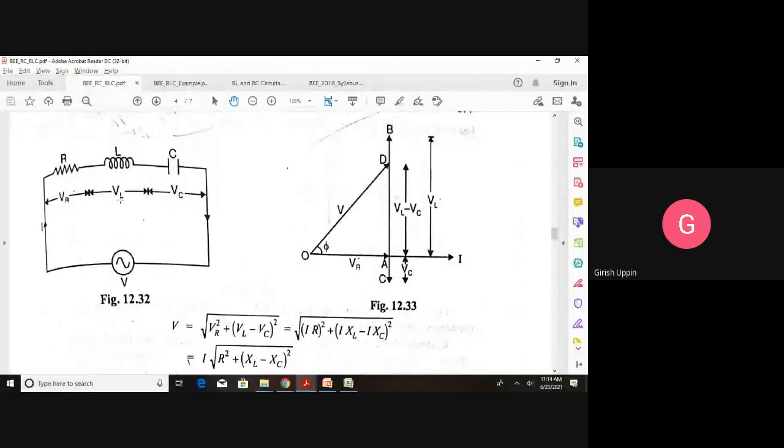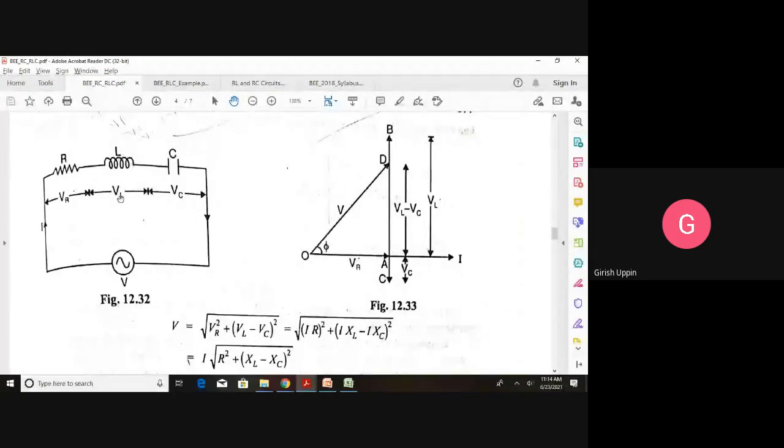And if you see here, AB is nothing but VL, and this is the current. Current is lagging the voltage VL by an angle of 90 degrees, isn't it? So that is the representation of VL and I.